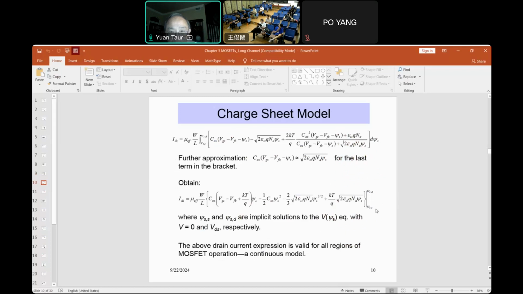Both are functions of VGS, but only psi SD is a function of VDS. When you change the drain voltage, psi SS doesn't change. That's at the source. Only psi SD changes. That's V equal to VDS. But if psi SD has a maximum, that means the current doesn't go up anymore.